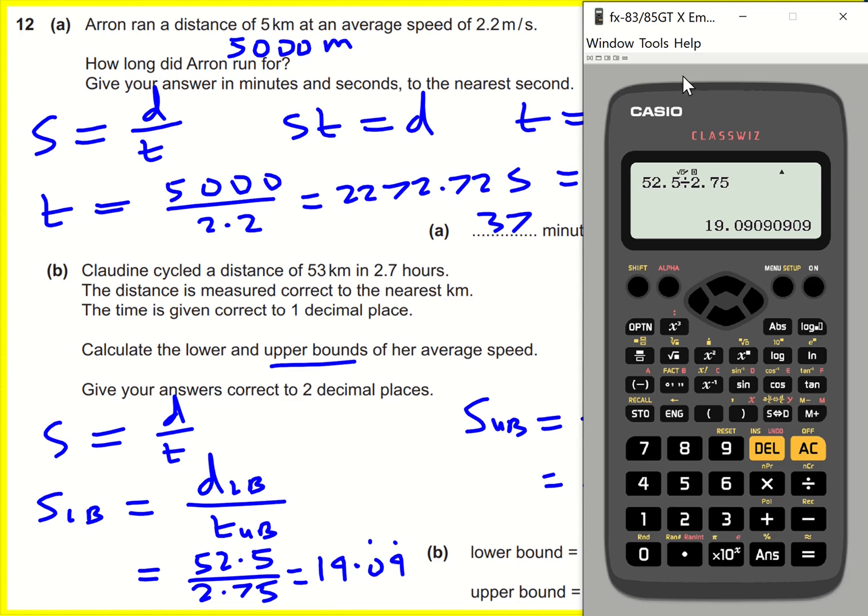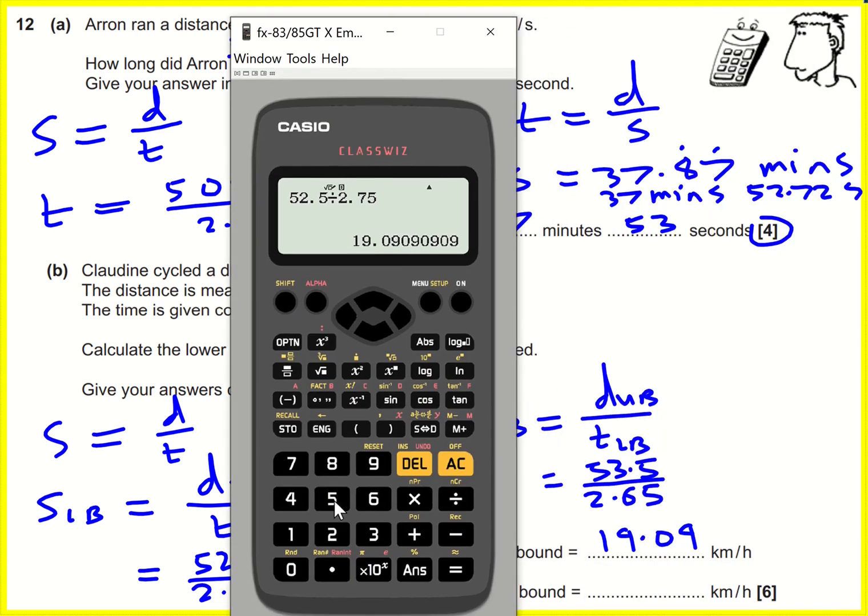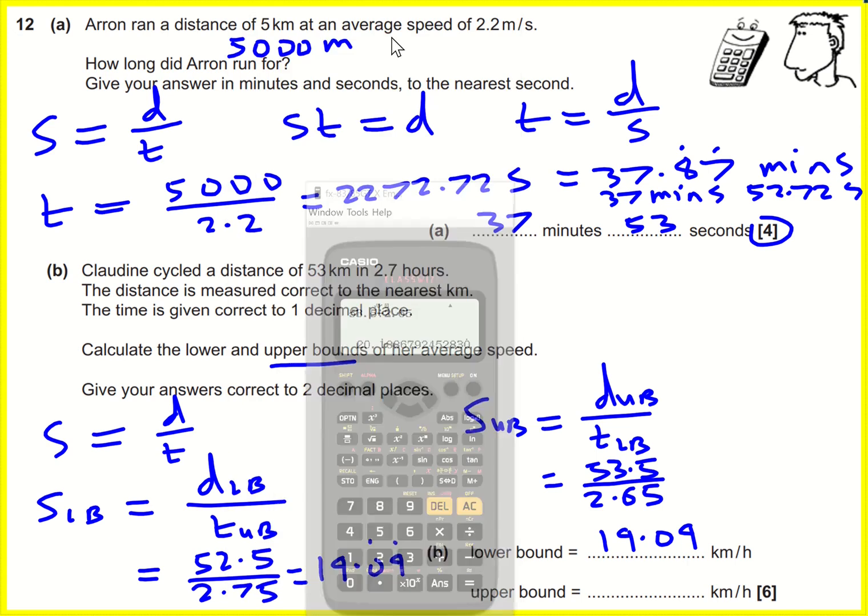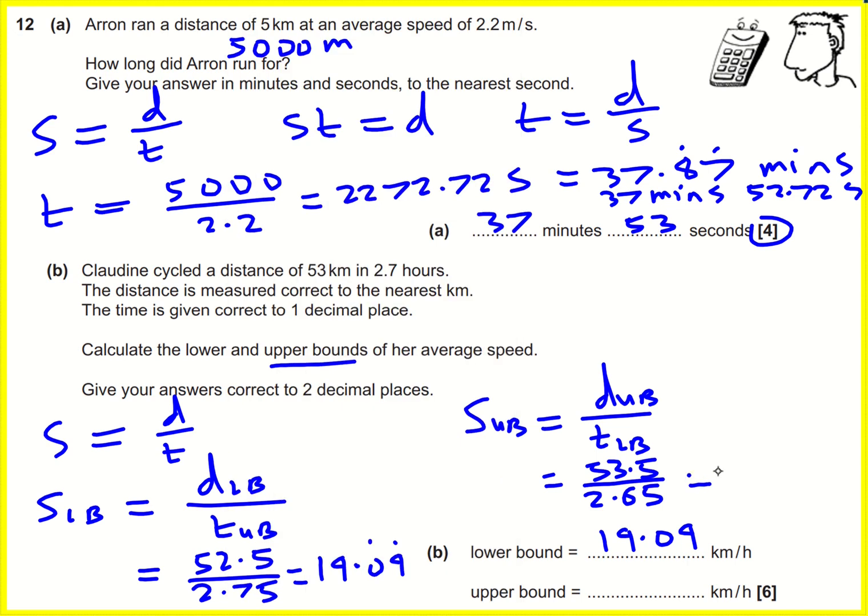And then for the other one, we've got 53.5 divided by 2.65, which is 20.188. Which will become 20.19. And that's it.